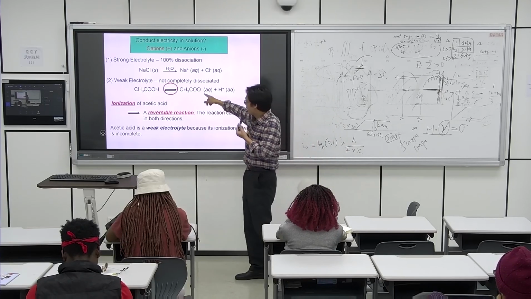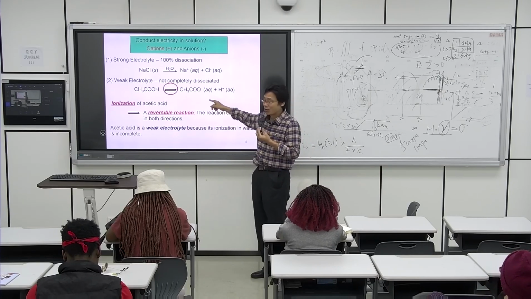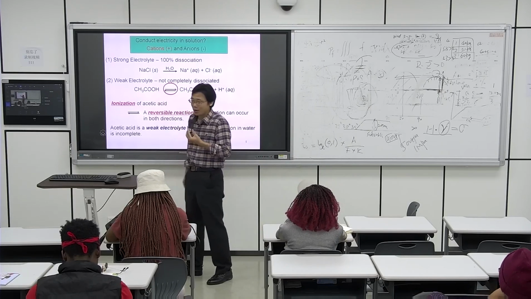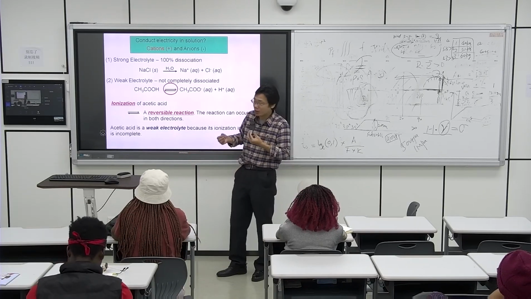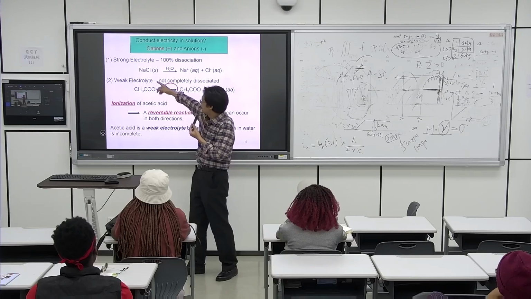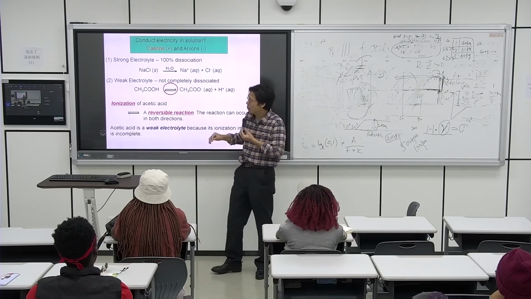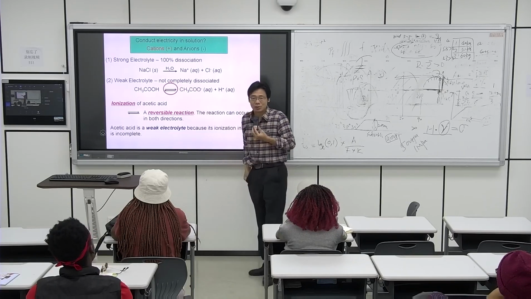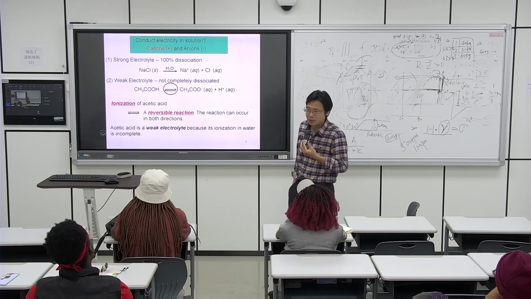For example, this Ka number is larger than water, so this is called a weak electrolyte. And of course, water is also a weak electrolyte. But if we dissolve sodium chloride into the water, the solution will become a strong electrolyte.